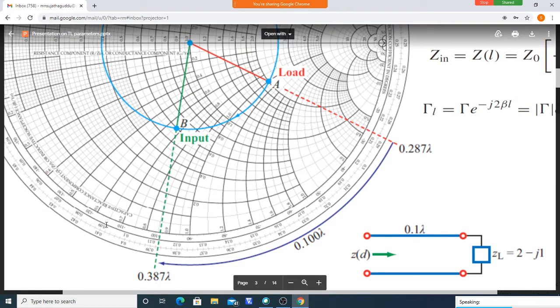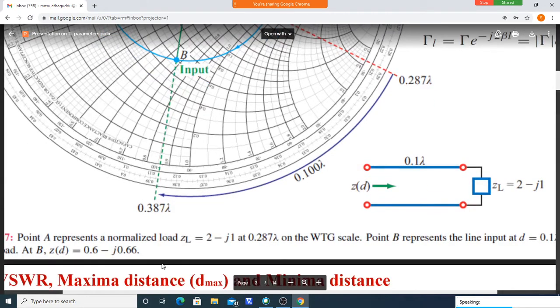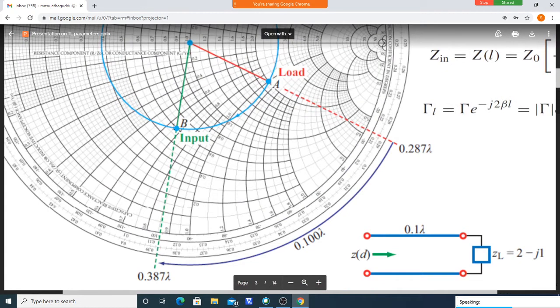Read means you read whatever is here and here. In between that 0.6 here, and that value here, reactance value, is 0.66. So impedance at this position is that value.